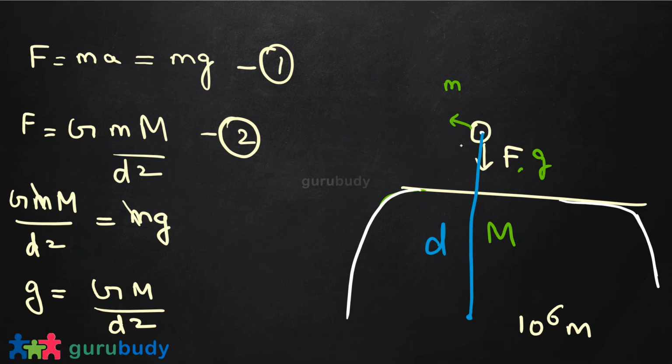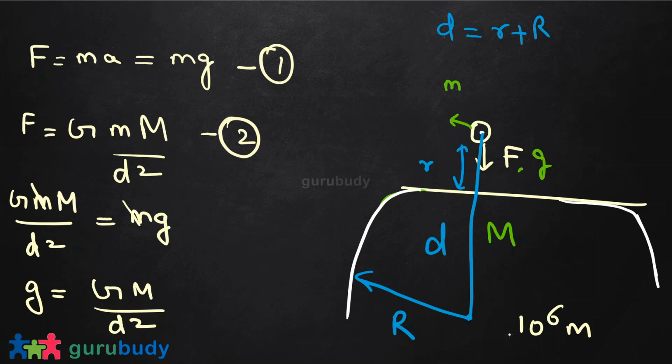If I'm throwing a stone upwards, it's not going to go very far. So the separation between the stone and the surface of the earth is a small distance, r, and the radius of the earth, let's say, is capital R. So d is basically equal to small r plus capital R.